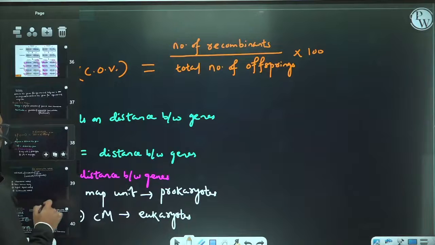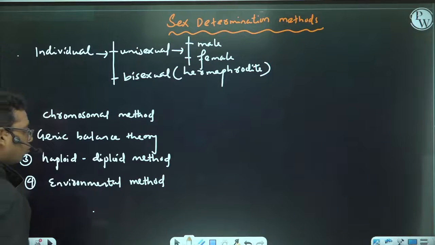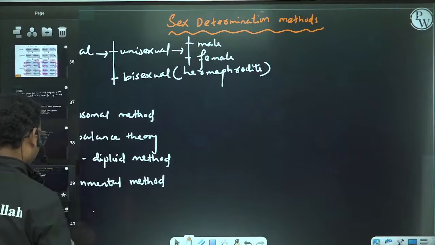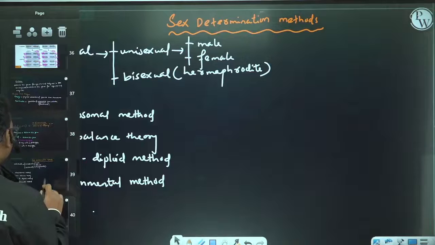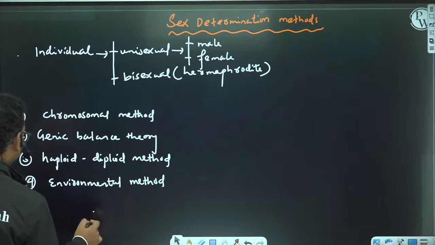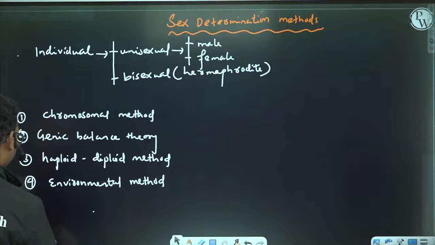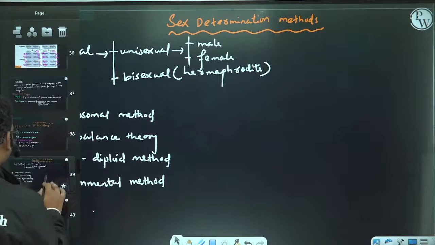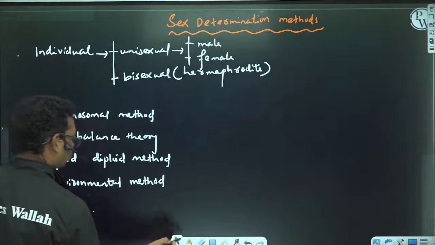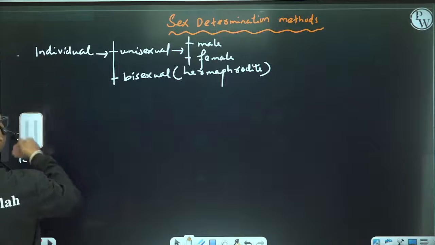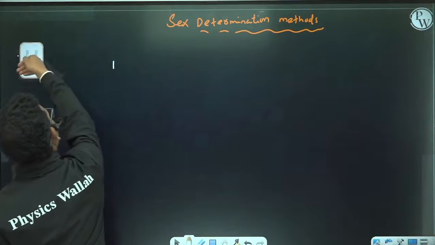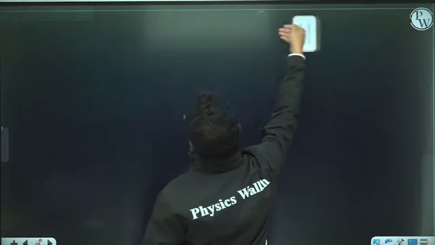Now I will talk to you about sex determination. But before discussing sex determination, let me tell you something about the chromosomal theory of inheritance. It was Sutton and Boveri who gave the chromosomal theory of inheritance.